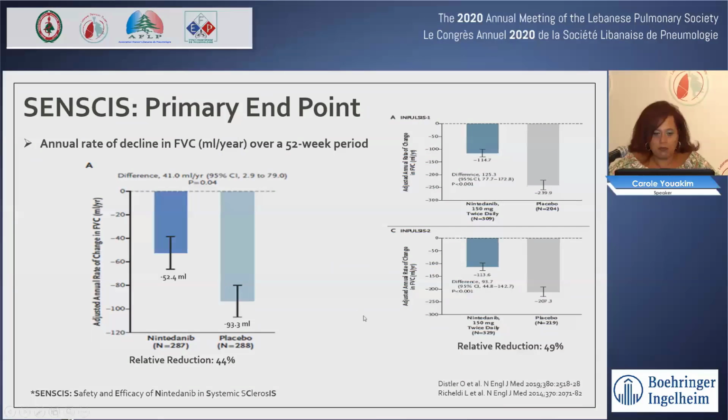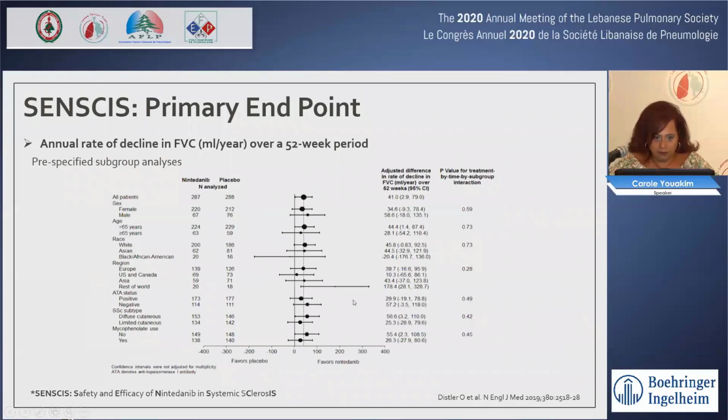Here, when you compare the SENSCIS trial with the INPULSIS trials, relative reduction in the annual rate of decline in FVC, 44% with nintedanib in the SENSCIS trial, similar to that observed in the INPULSIS 1 and INPULSIS 2 trials, 49% in patients with idiopathic pulmonary fibrosis.